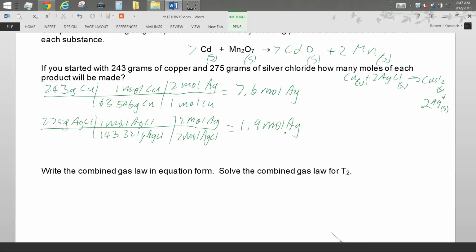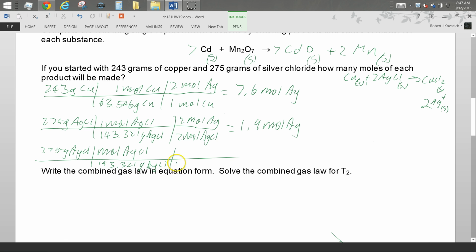So then we're going to do one more calculation, right? We'll start again with the silver chloride, and this time we're going to go to the other product, which is the copper 2 chloride, and then we'll calculate how many moles of that copper 2 chloride will be made. So it's 275 grams of silver chloride, 1 mole silver chloride, 143.321 grams of silver chloride.